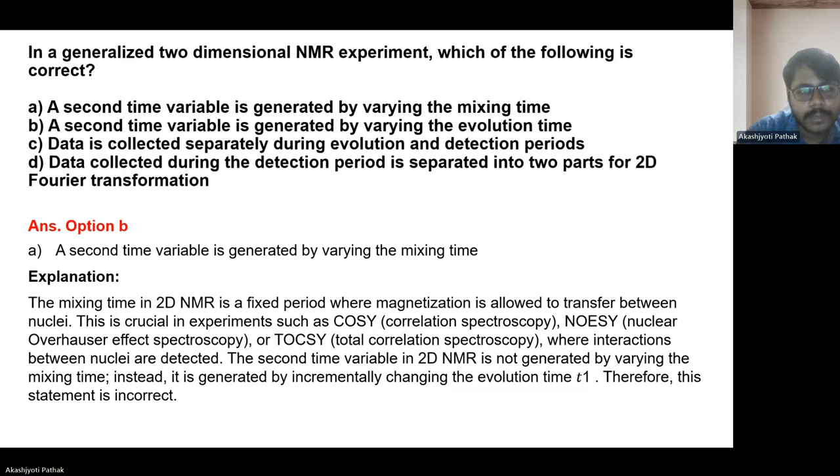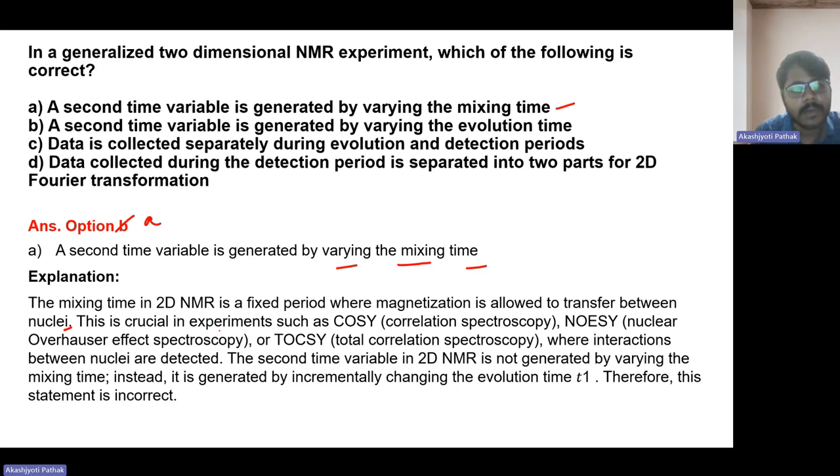Sorry, option A: the second time variable is generated by varying the mixing time. Why is this not correct? Because the mixing time in 2D NMR is a fixed period in which magnetization is allowed to transfer between nuclei.